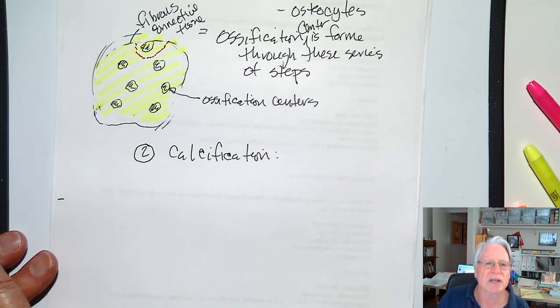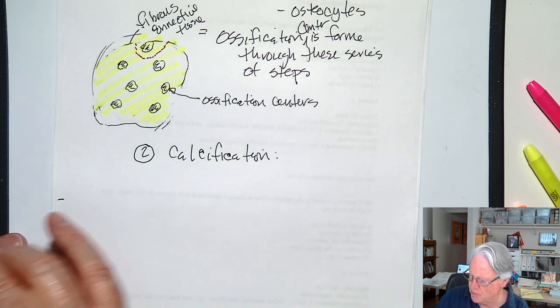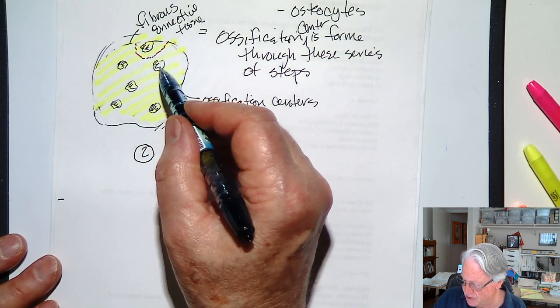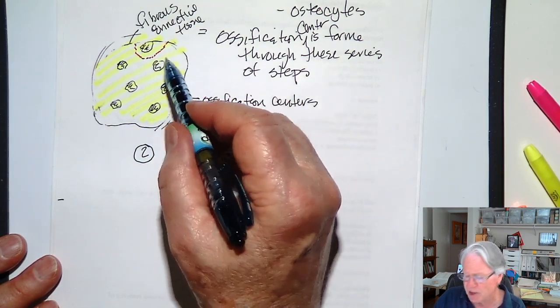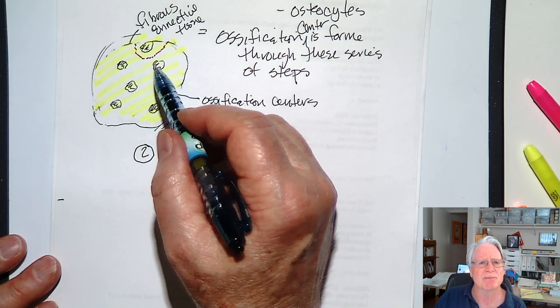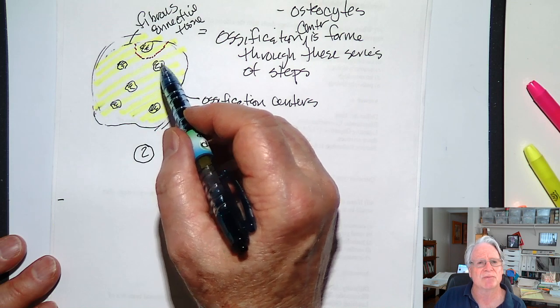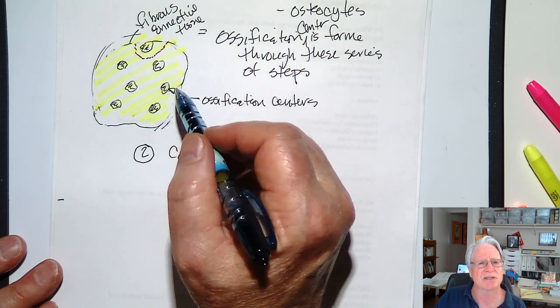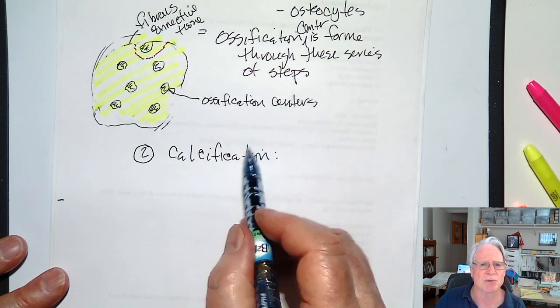As you know, calcification is the deposition of the mineral salts. What we're forming here are areas of cell differentiation. They're laying down the fibers that we discussed in the last lecture, the collagen fibers and all the other proteins.